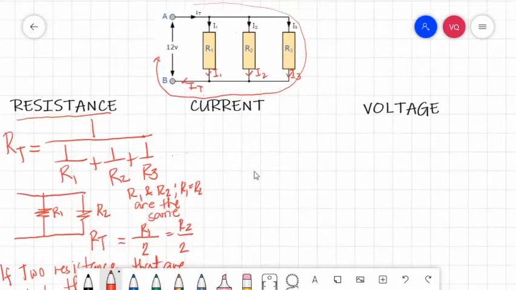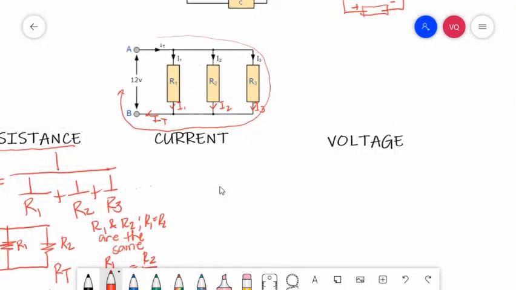How about currents in parallel resistors? It is just the sum of the currents I1, I2, and I3. So, total current is equal to I1 plus I2 plus I3. The voltage across R1 is the same as the voltage at your source.